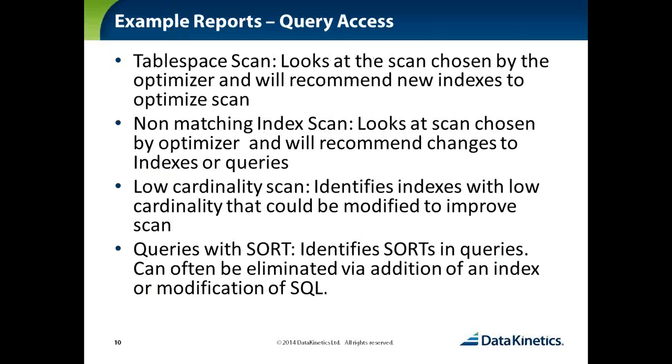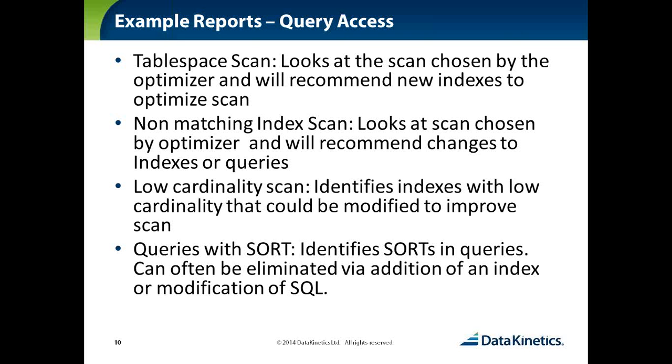So now I'm going to give you ideas of what some of the example reports are. For example, under query access, which is one of the 5 areas it analyzes, the tool will do a table-based scan. So this looks at the scan chosen by the optimizer within DB2 and can make recommendations with regards to new indexes that would optimize that scan.